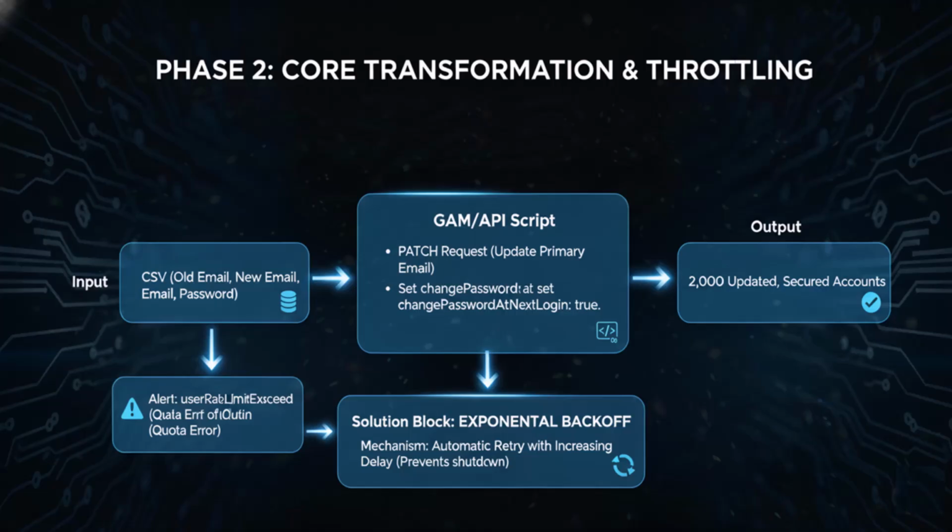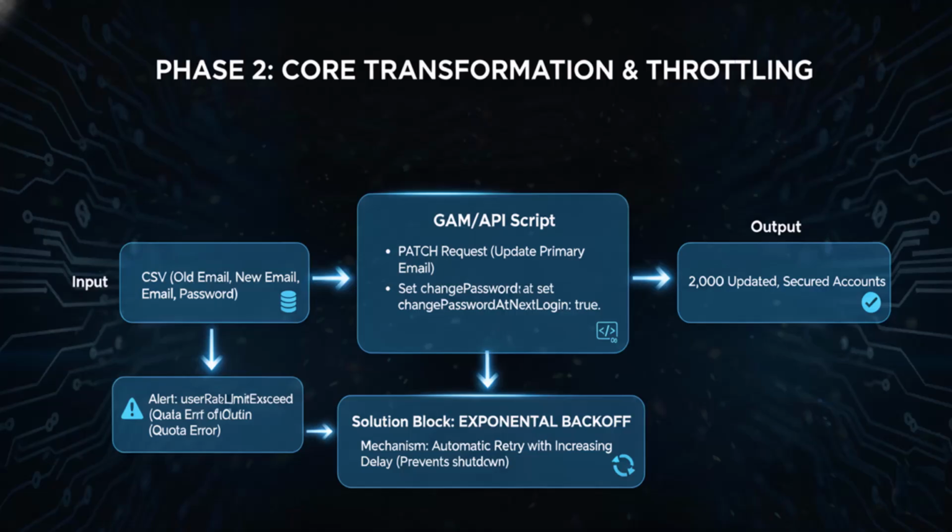The script executes two critical administrative actions for every user. It runs a patch request to update the primary email, and it sets the essential security flag: change password at next login equals true. If all goes well, the script proceeds, and the output is 2,000 updated secured accounts.